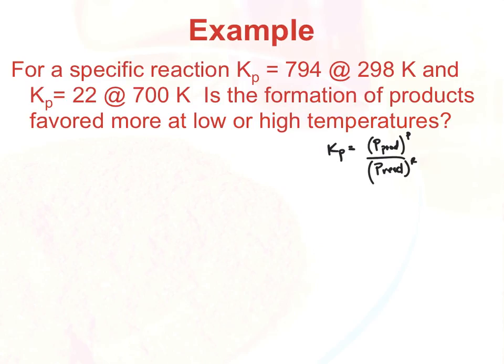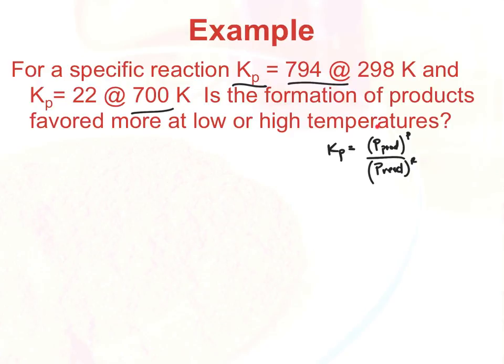So in this case, they're asking us to look at a specific reaction and the equilibrium constant values associated with that reaction at different temperatures. They want us to assess if the formation of products is favored at lower or higher temperatures. If we look at this, we notice that we have a larger Kp value of 794 at the lower temperature, while a lower Kp value at 700 K, which is the higher temperature.